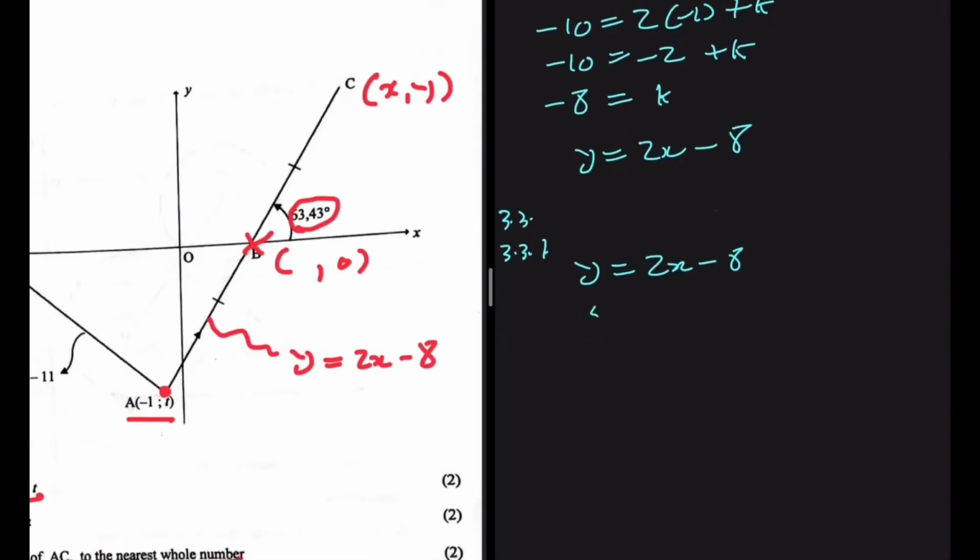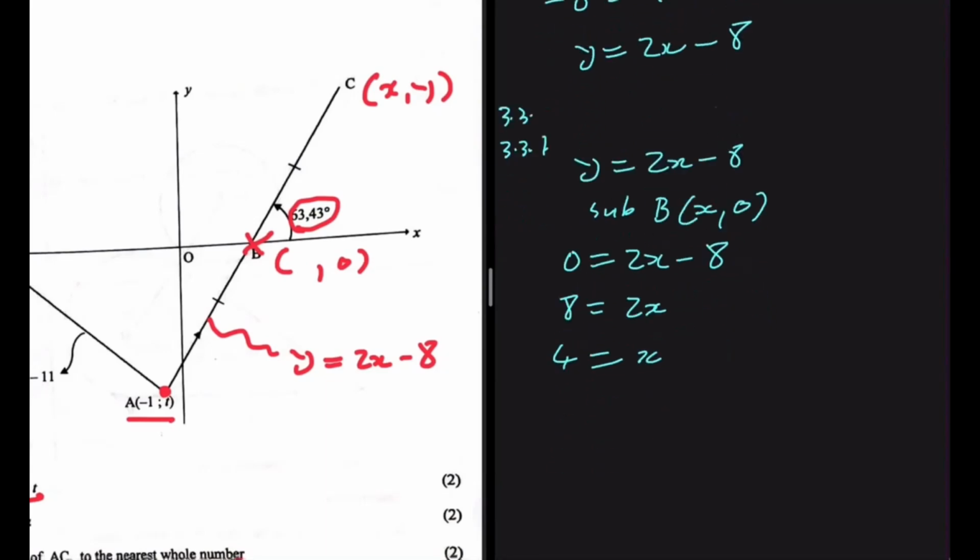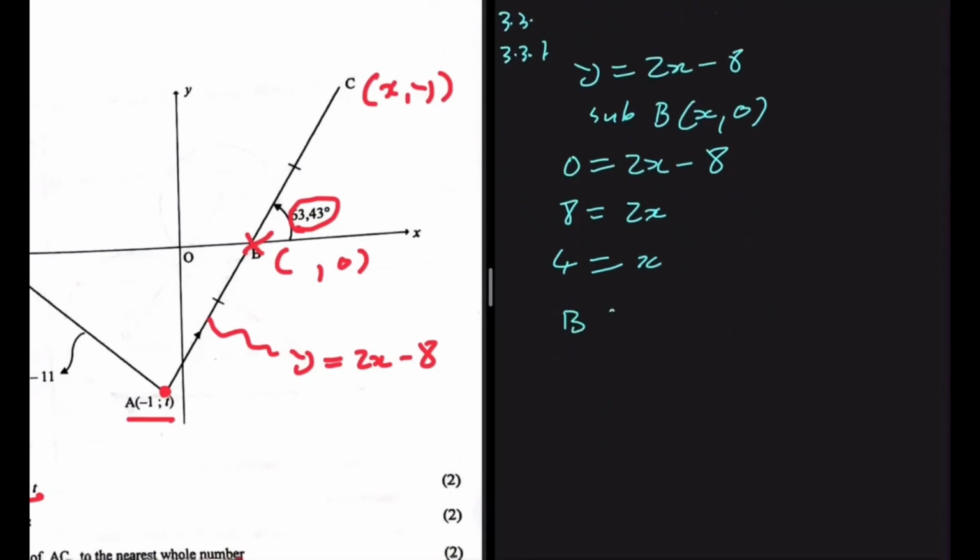So if we sub in B, the x value is unknown and the y value is 0. So we're going to have 0 being equal to 2x minus 8. So take 8 to the other side, you're going to get 8 is equal to 2x. It's easy to see now that x is equal to 4. So B has coordinates 4 and 0, and it is the midpoint of AC, right?